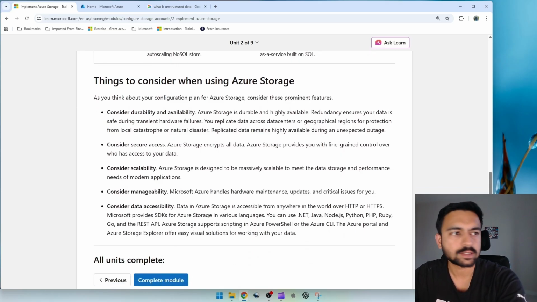What are the things to consider when we use Azure storage?